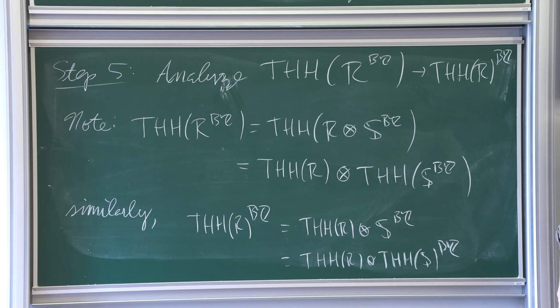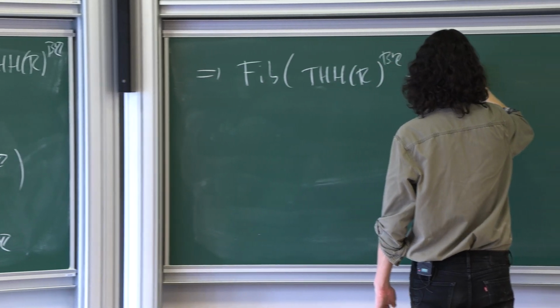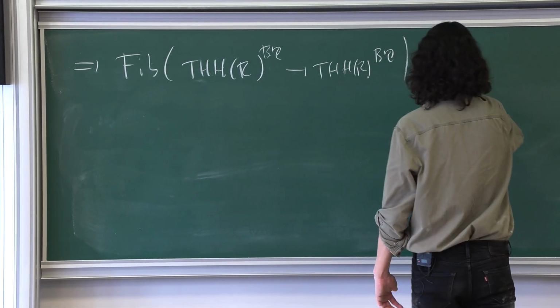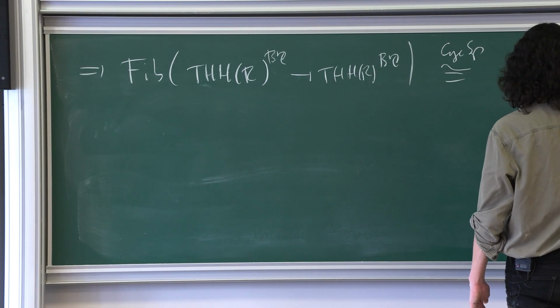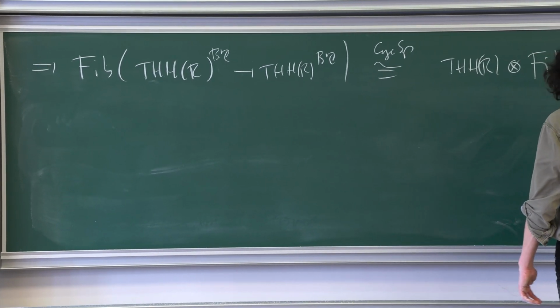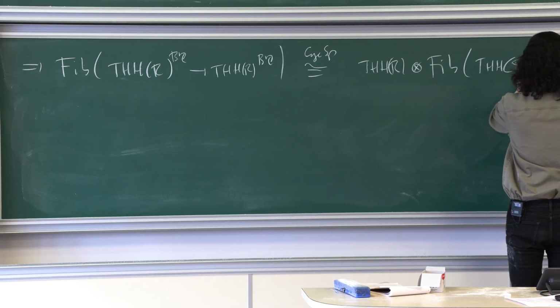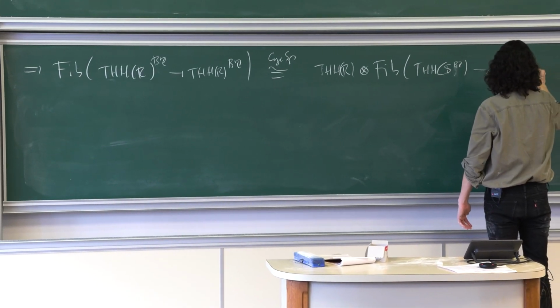So if you take the fiber of THH of R tensor BZ going to THH of R tensor BZ, this is isomorphic as a cyclotomic spectrum to THH of R tensor the fiber of THH of S[BZ] going to THH of S tensor BZ.